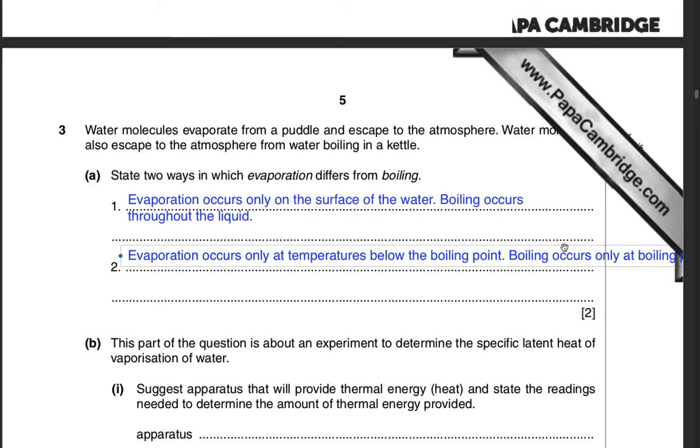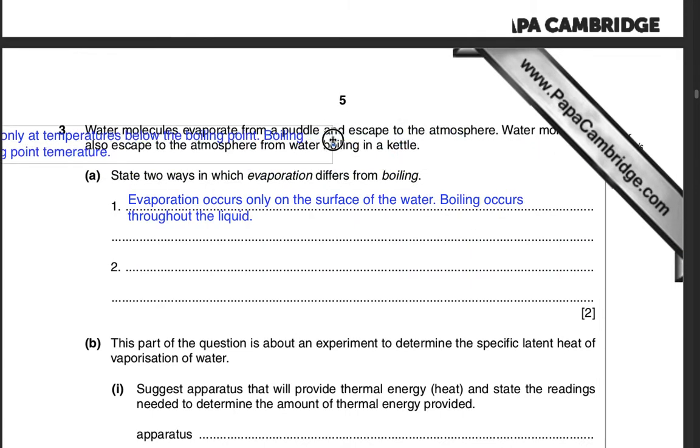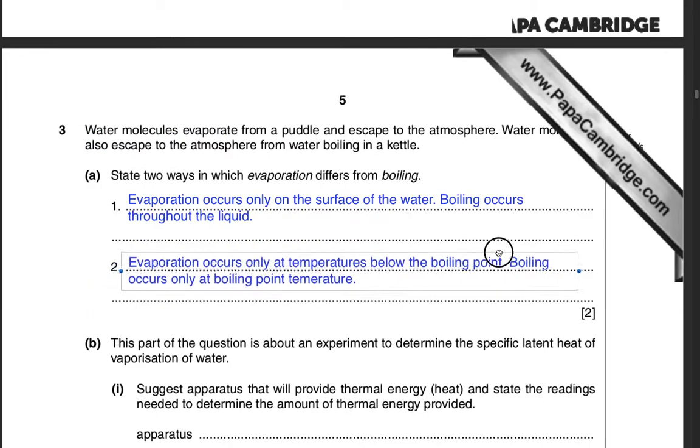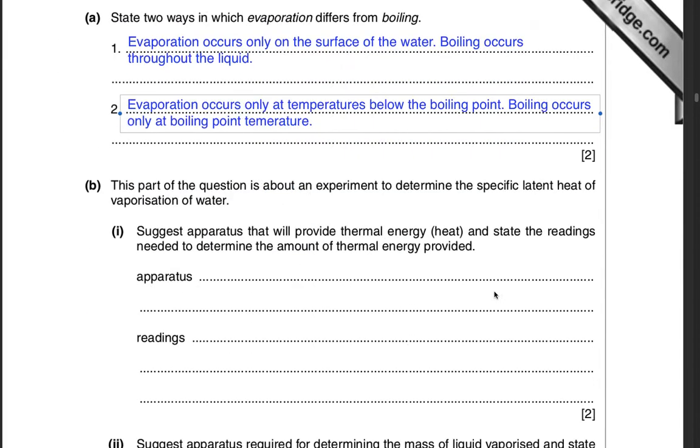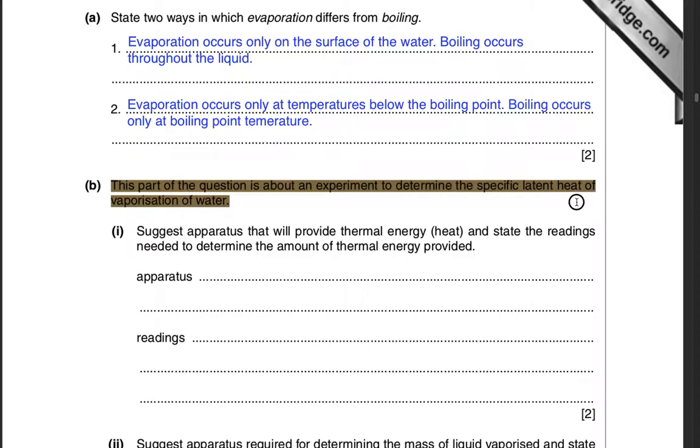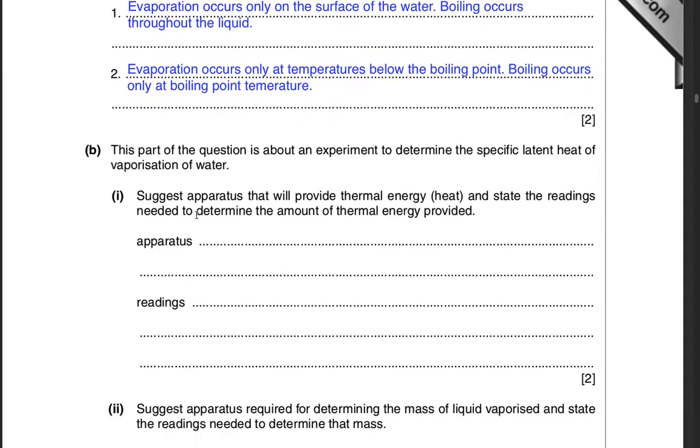So that went too far, I think. This part of the question is about an experiment to determine the specific latent heat of vaporization of water. Suggest apparatus that will provide thermal energy and state the readings needed to determine the amount of thermal energy provided.